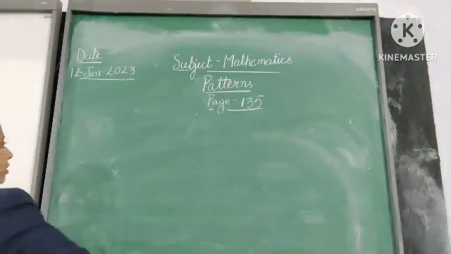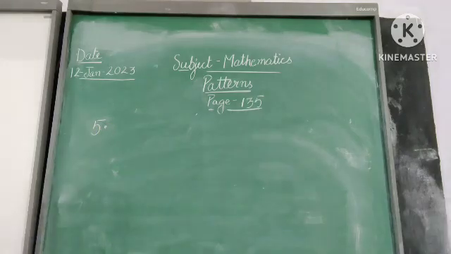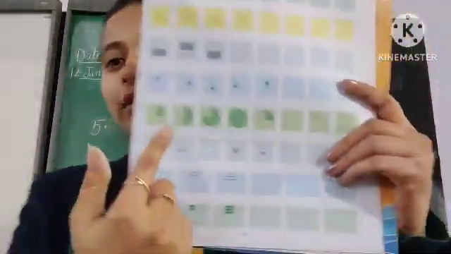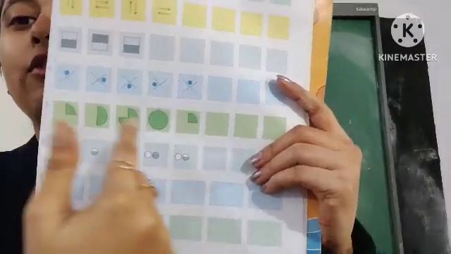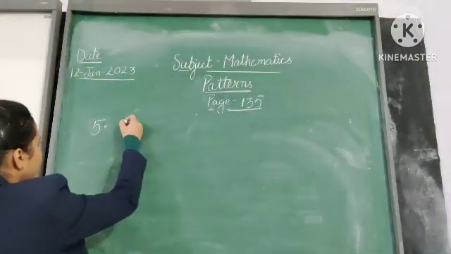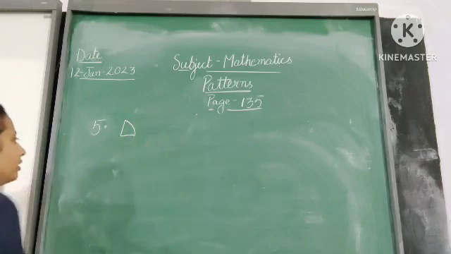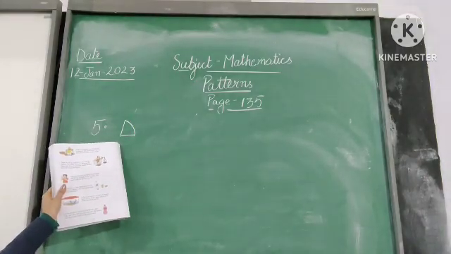Coming to pattern number 5. Here in this pattern, by adding pieces one by one, they are forming a circle. Finally, they are making a circle. The first pattern they have made, does it not look like a slice of a pizza or a cake slice?